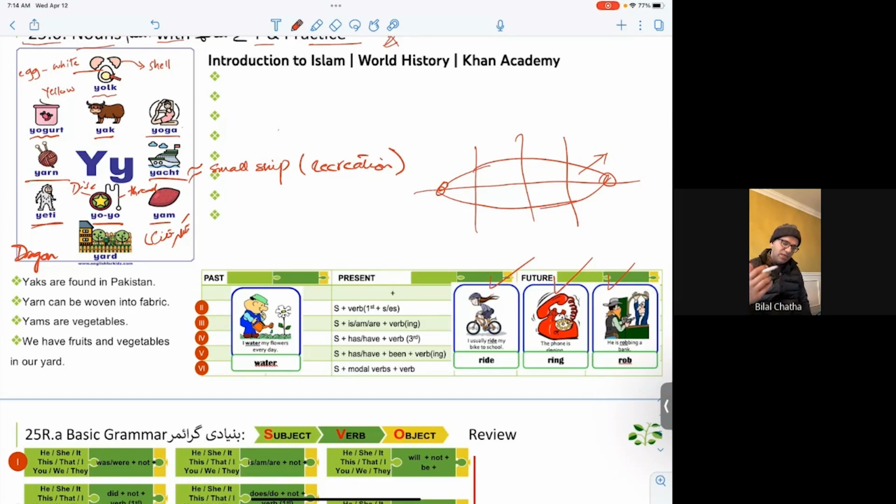When you dice a yam, you get chunks. जब आप कह सकते हैं you cut, या आप ये कह सकते हैं dice. You get some chunks, then you put some chutney on top, some chaat masala, and then you eat it with toothpicks. Okay.